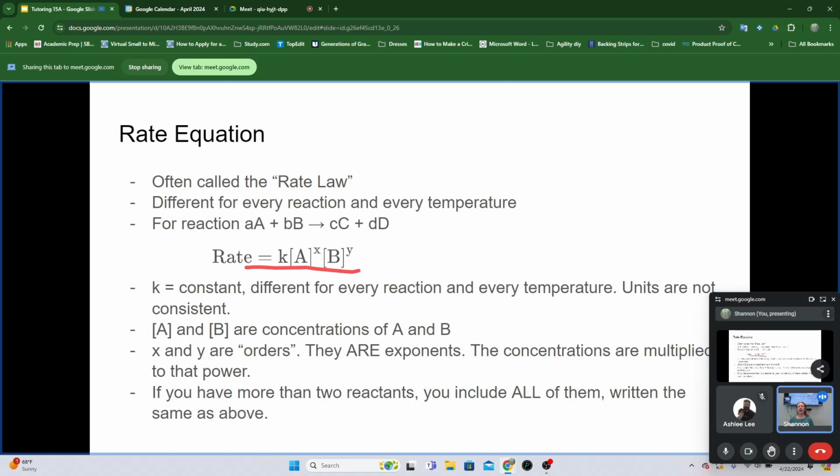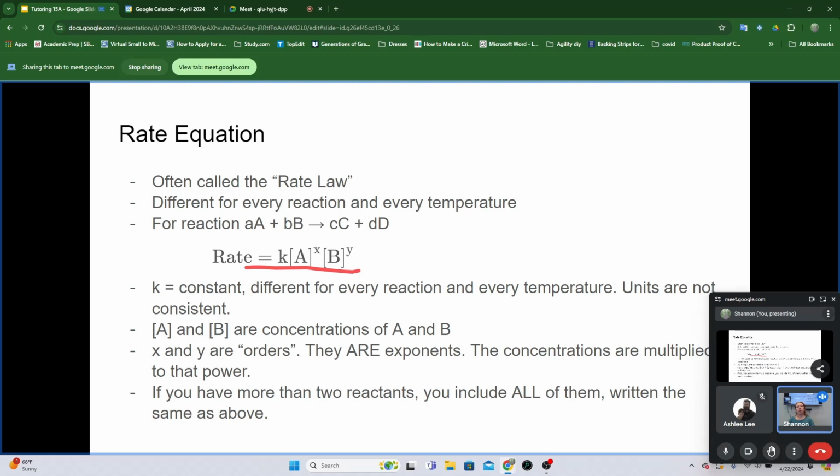That k is what will be different for every reaction and temperature. And not only will the number be different, but the units will be different. But you can figure out what the units are based on the other things, which we'll learn.